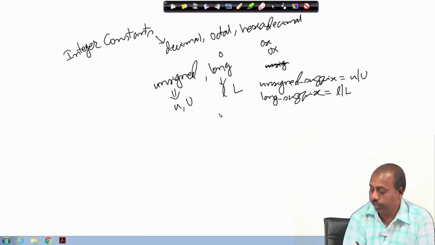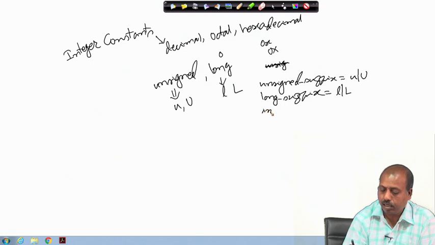Now integer suffix, so you can have them in any order.